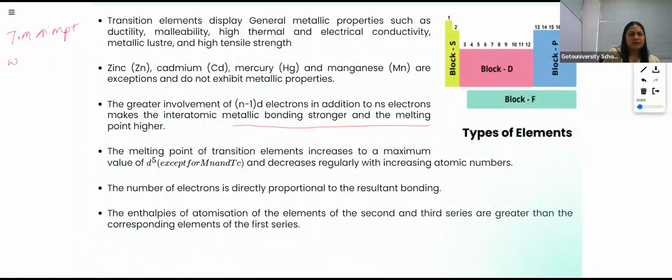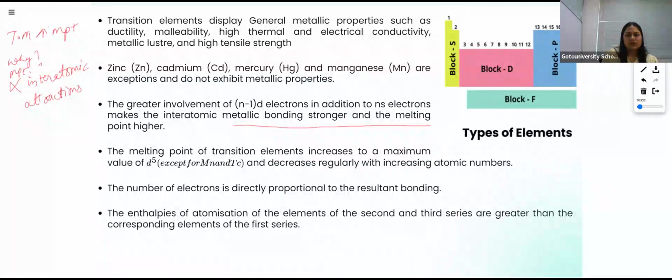Why do they have high melting point? Because the melting point is directly proportional to the interatomic attractions.